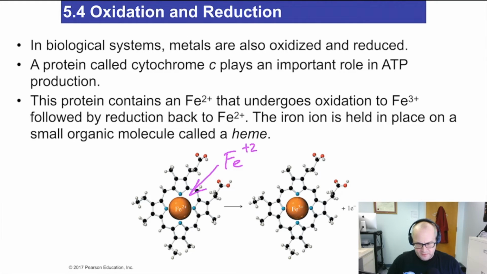When it undergoes a reaction, it will actually become iron plus 3. So going from left to right, the iron actually loses an electron somehow. Don't worry about how, it just does. Leo the Lion Says grr.